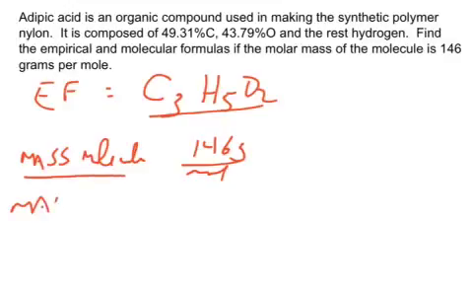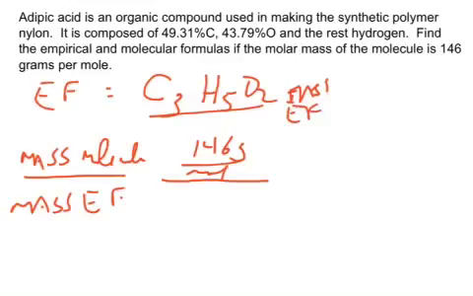All right, and then here, I need to find the mass of the EF, because if I take the mass of the small guy, the empirical formula, and I take the mass of the molecule and divide it by the mass of the small guy, that's going to give me that whole number ratio. So the mass of the EF, I've got 3 carbons, so it's going to be 36 plus 5 plus 32.